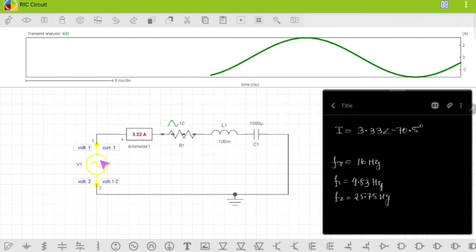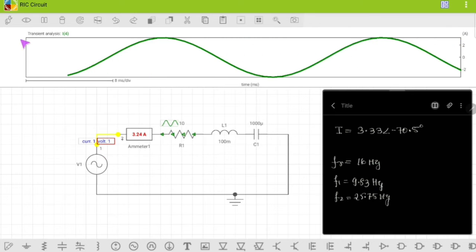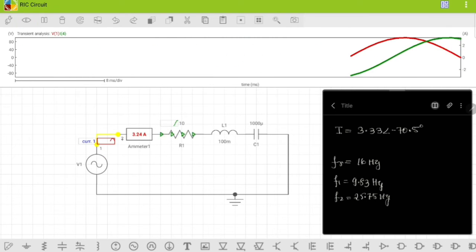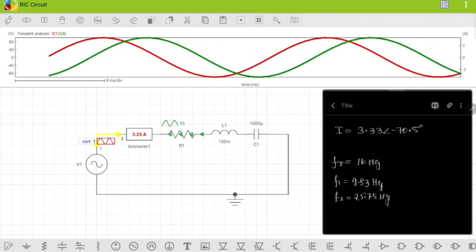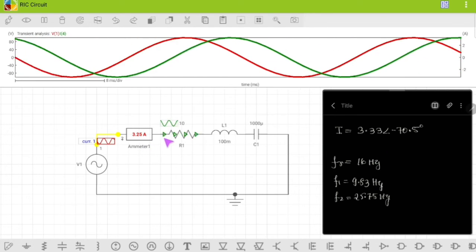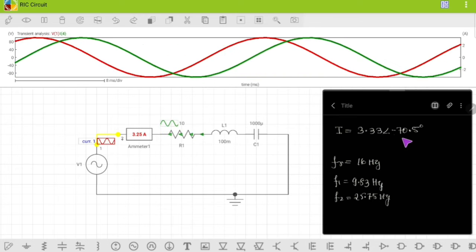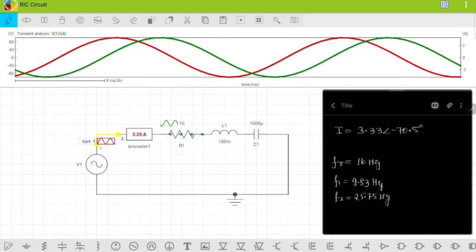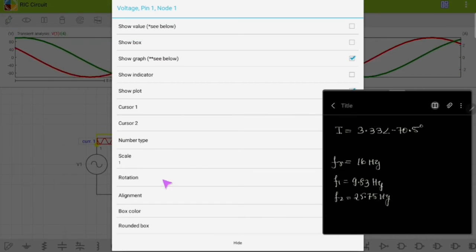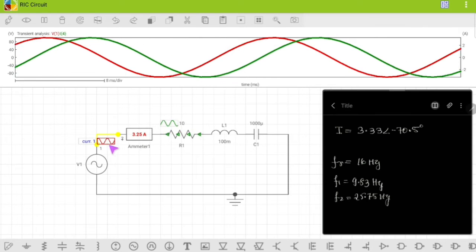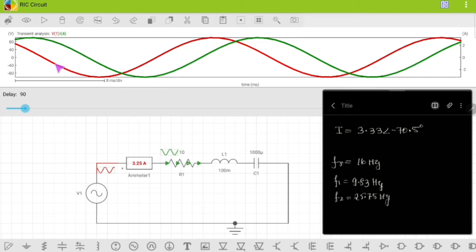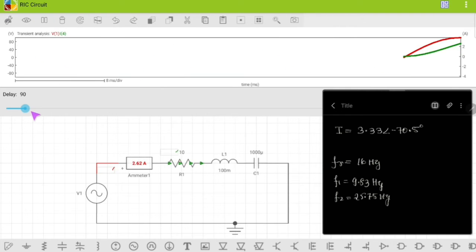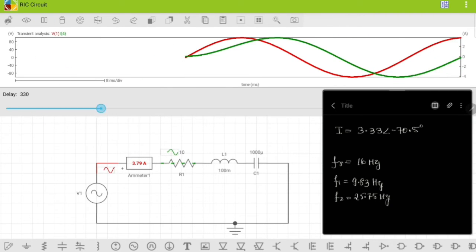Now you saw the current value is 3.24, which is approximately equal to 3.3, and our current is lagging by minus 70 degree. Okay, so let me run this one more time.